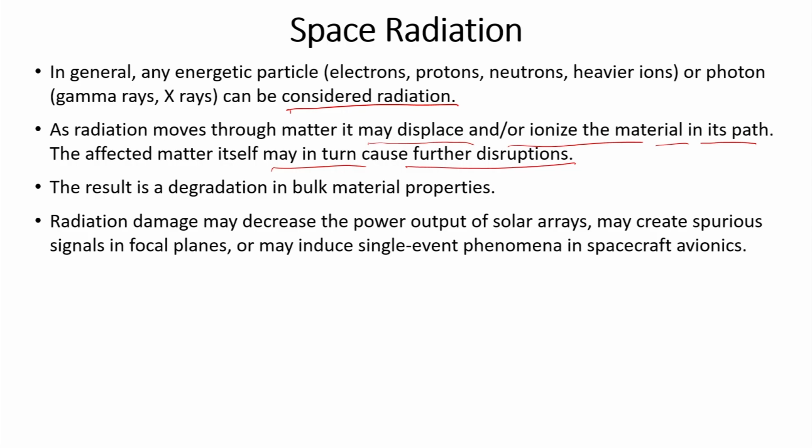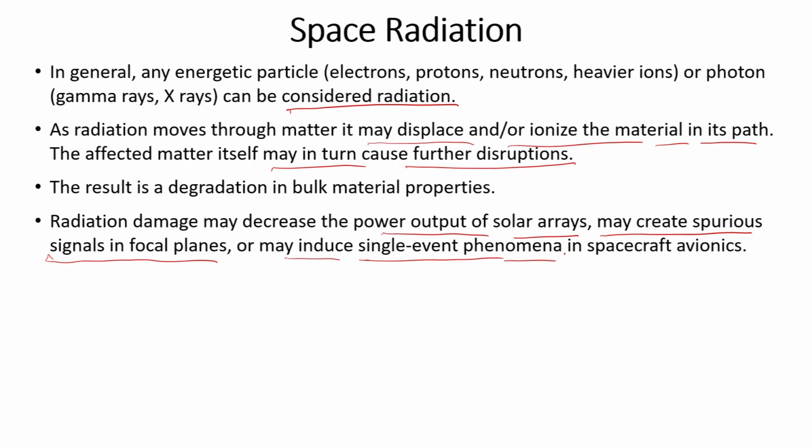So, radiation damage may decrease the power output of the solar arrays, and may create spurious signals in the focal planes of various types of quasi optical or optical systems. It may also induce single event phenomena, which we will also discuss.